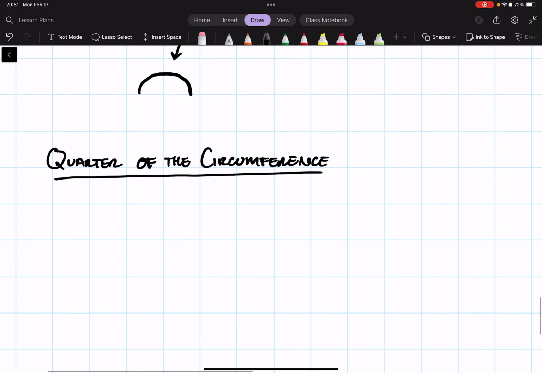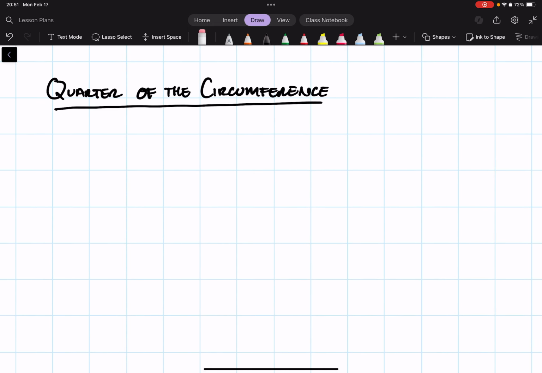For a quarter of the circumference, you are finding not the whole circle, but once again, a quarter of it. So this is the section of what we're looking for, and we're going to call this the quarter circle.